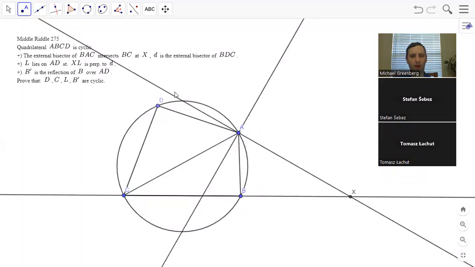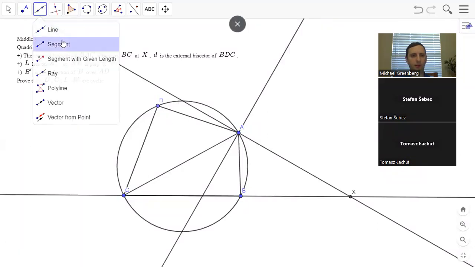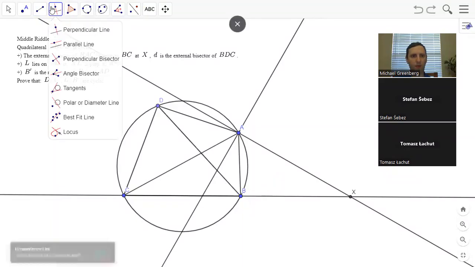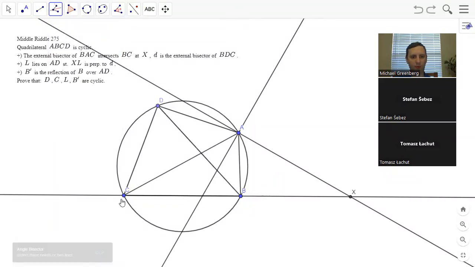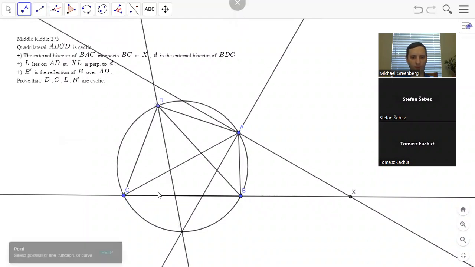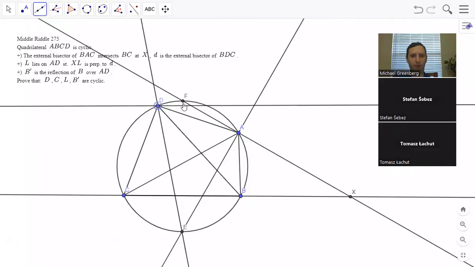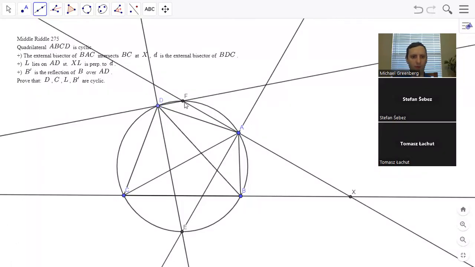And then we draw the external bisector of BBC. Oops. So both the internal bisectors pass through this, and both the external bisectors pass through that. Okay, those are the midpoints of those two arcs. There's the external bisector.